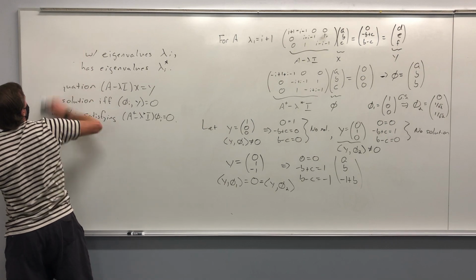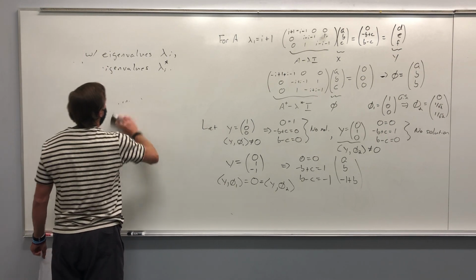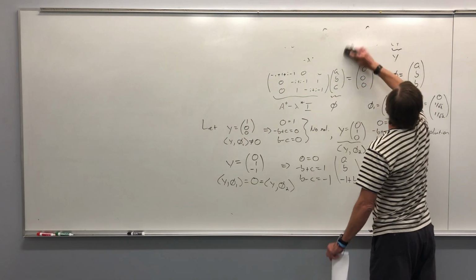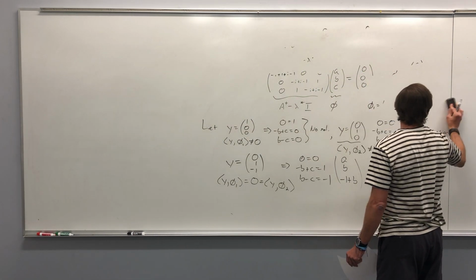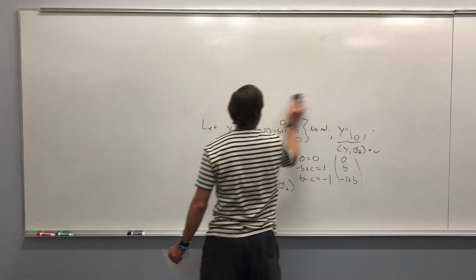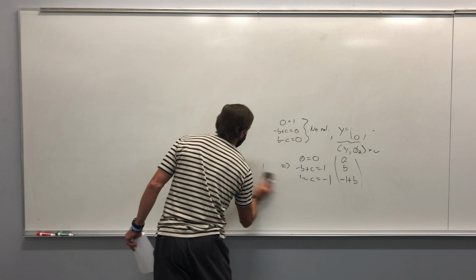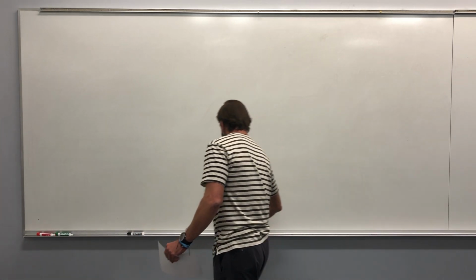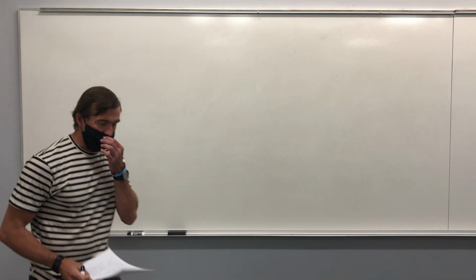Now that all came from the chapter on the solvability of linear equations. Now I'm going to skip to the chapter on minimum principles, and I will basically just focus on the first theorem that came from this section.